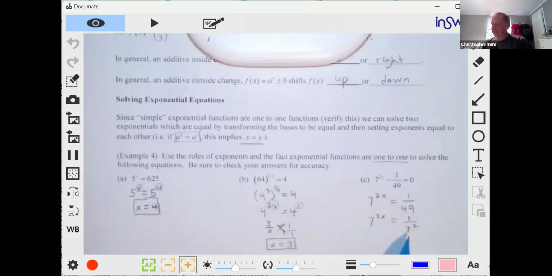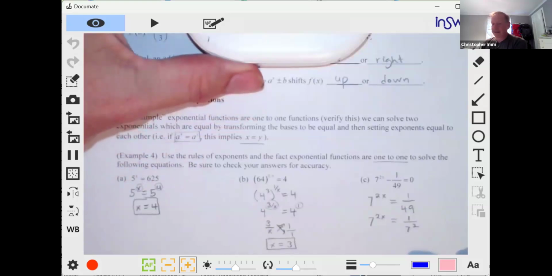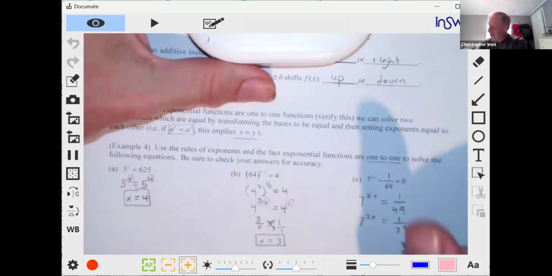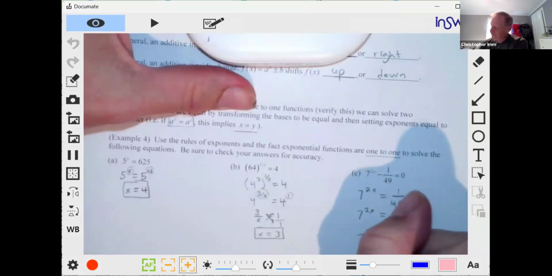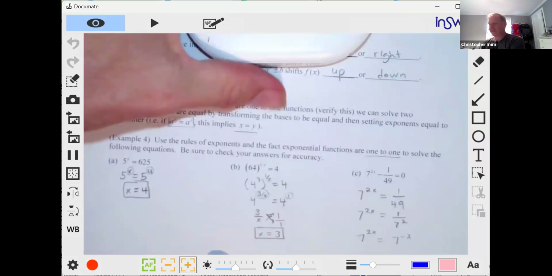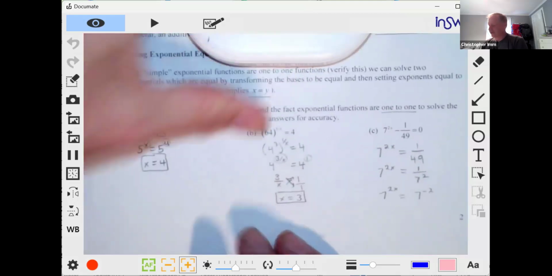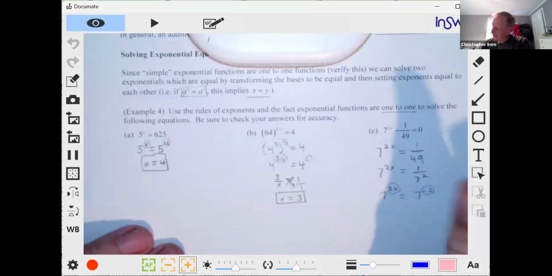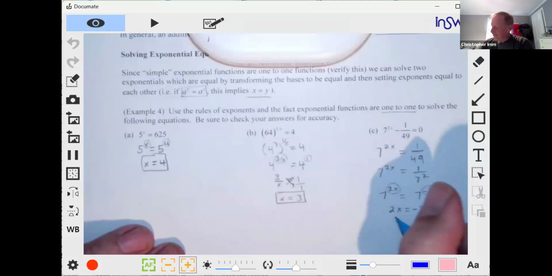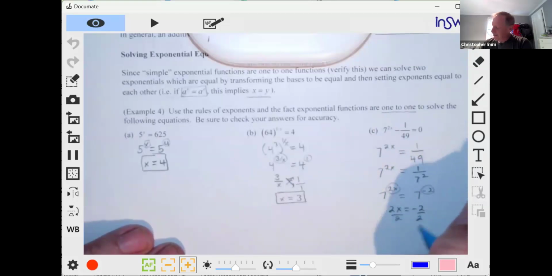Here I have 1 over 7. I need to move that up into the numerator, so I'm going to make this 7 to the minus 2 and move it up. Now notice we have those two equal to each other. They have the same base, so I can set their exponents equal. 2x is equal to negative 2, and dividing by 2 gives us x is equal to negative 1.